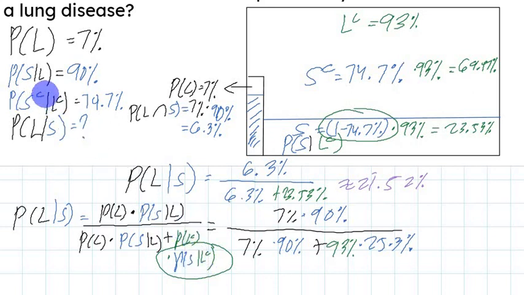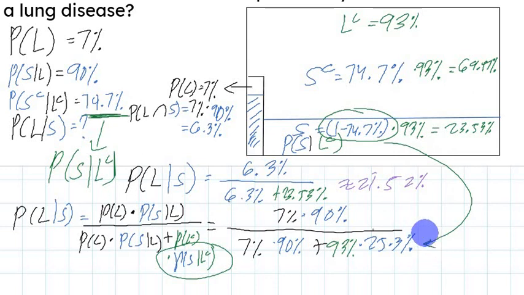But what we know is the probability that the person is not a smoker and doesn't have lung disease. This is where our illustration provided us information that this is the complement of the probability that a person is a smoker given that that person doesn't have lung disease. So based on our illustration, we were able to find this value right here.